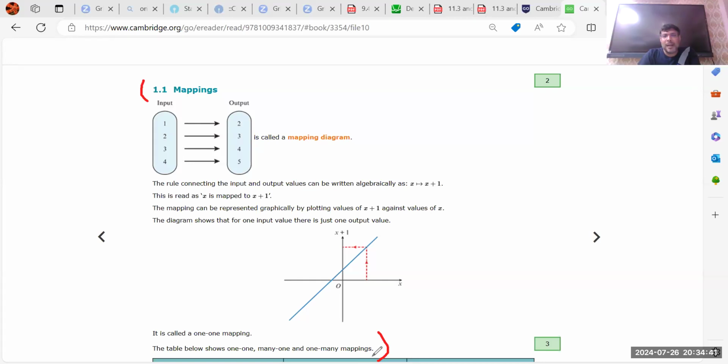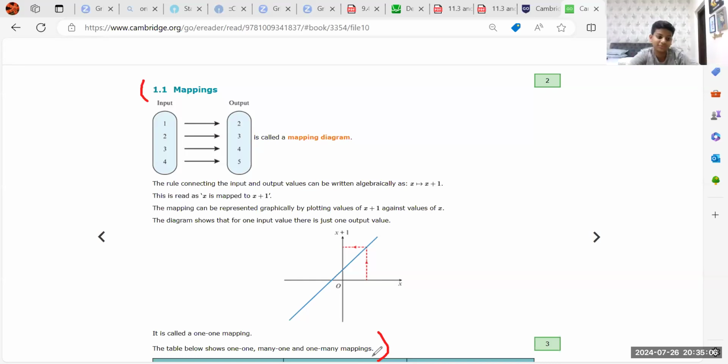This is read as x is mapped to x plus 1. The mapping can be represented graphically by plotting values of x plus 1 against values of x. Anish, you are reading to understand, not giving a speech. So go slow. Next.